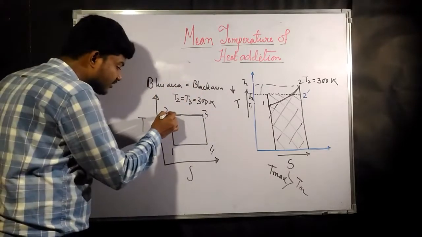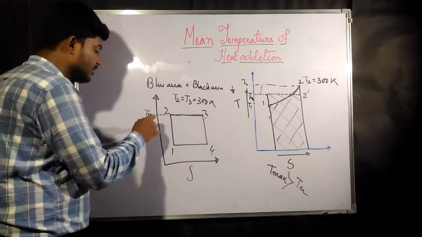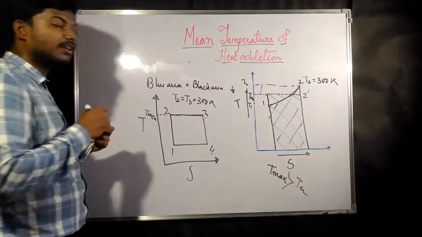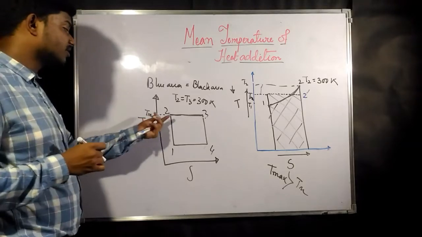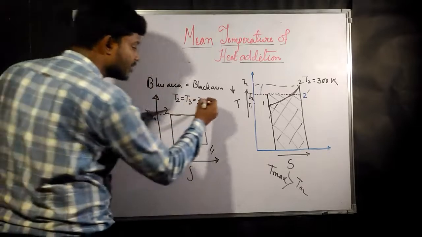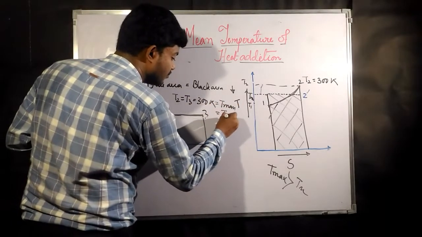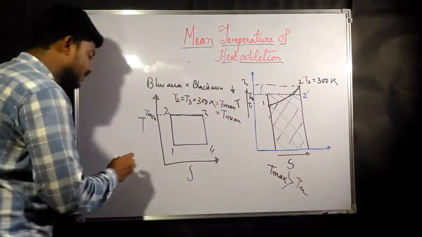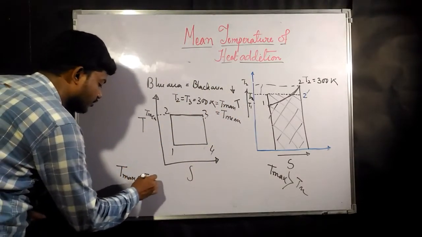So this is the T mean for the Carnot cycle. That is, the mean temperature of heat addition for the Carnot cycle is equal to the maximum temperature also. This is the maximum temperature and this is also the mean temperature. That means for the Carnot cycle T max is equal to T mean.